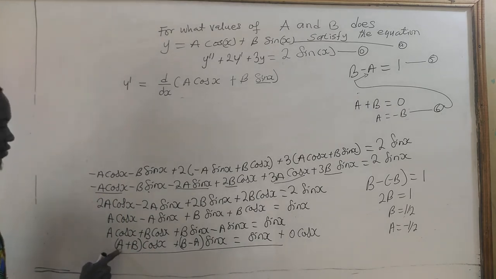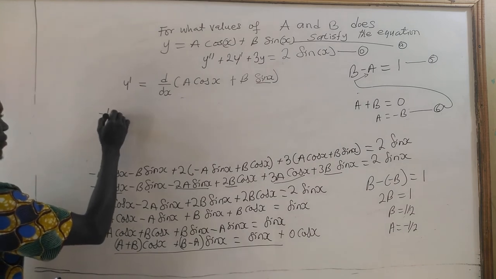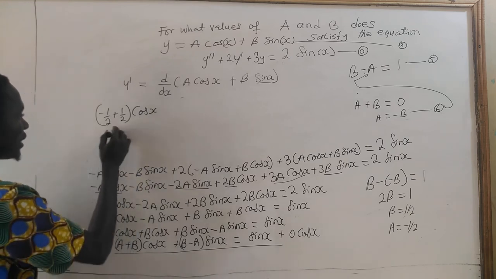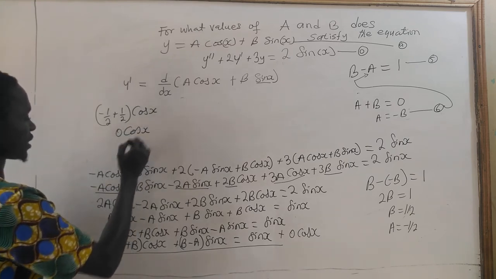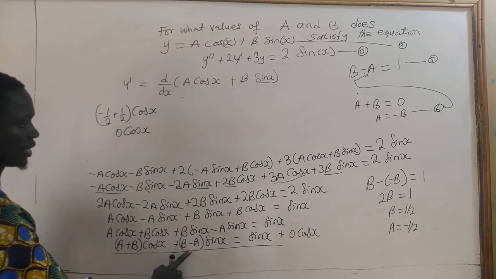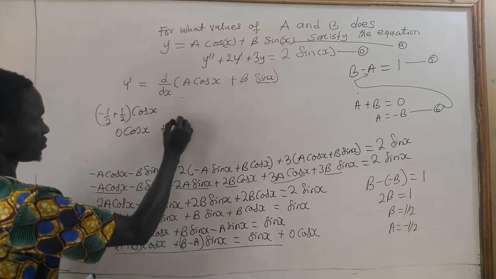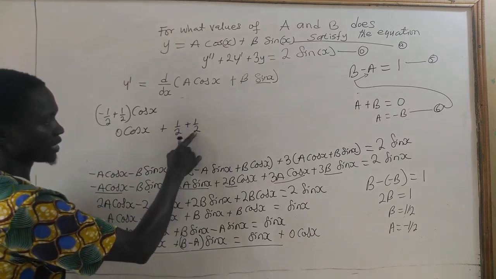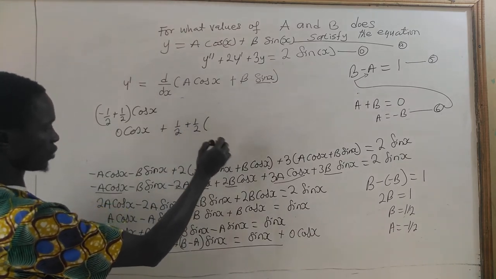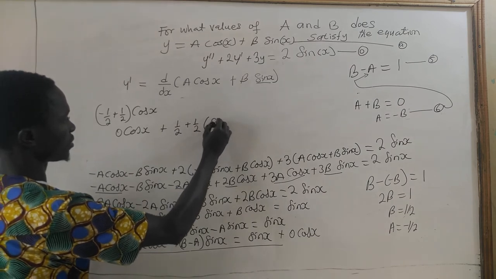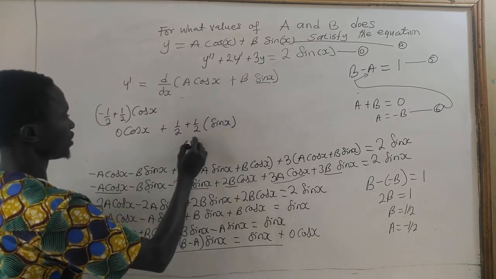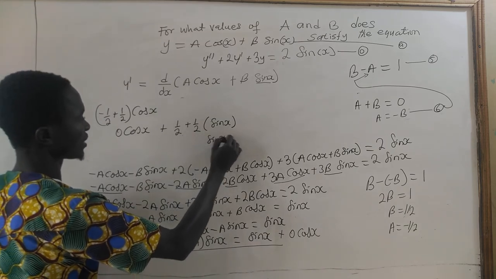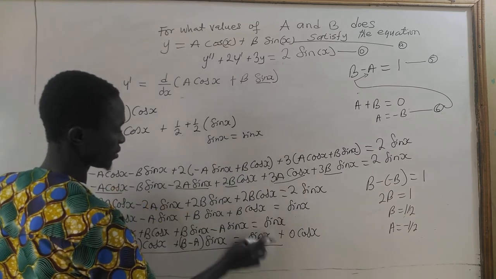So A is negative half plus positive half times cosine of x. That will give us 0 cosine of x, and it will be 0. And if we come here, we have positive half minus A will give us plus half, because A is negative. And we are going to have sin x. So this will give us half plus half is 1. So you get sin x equal to sin x.